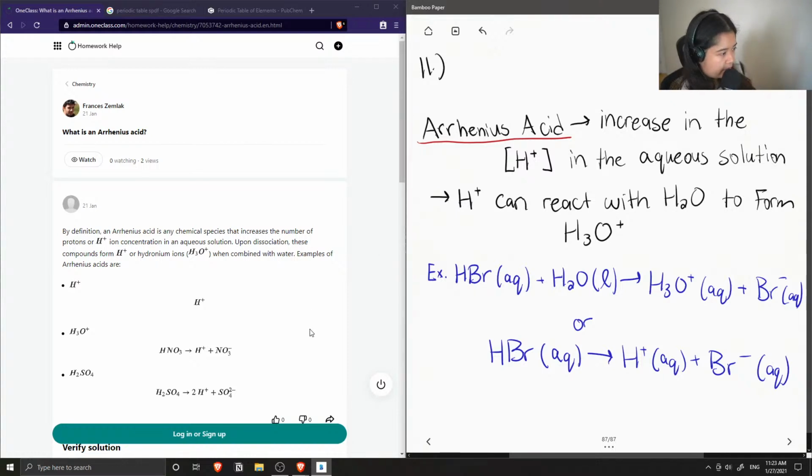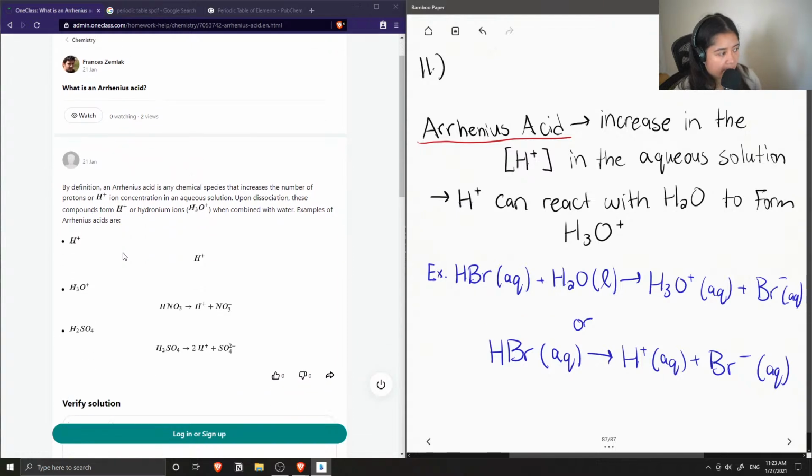So now let's see what the junior tutor said. By definition, an Arrhenius acid is any chemical species that increases the number of protons or H plus ion concentration in an aqueous solution. Upon dissociation, these compounds form H plus or hydronium ions when combined with water.